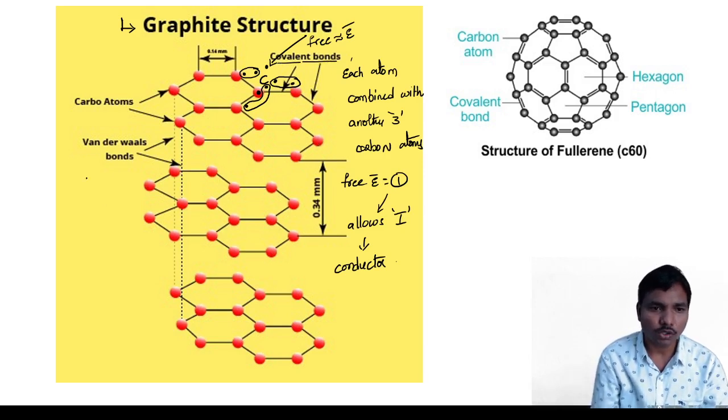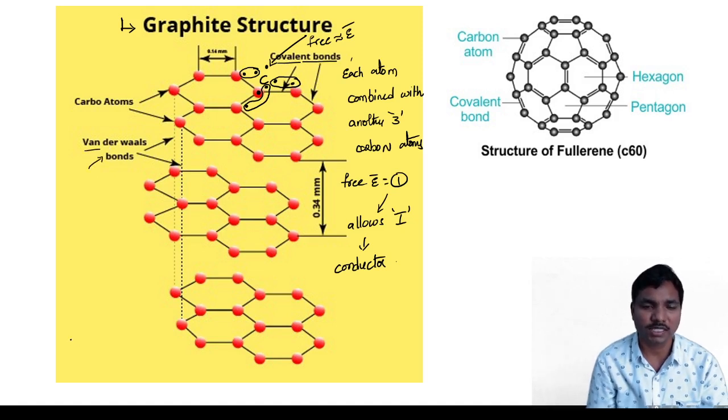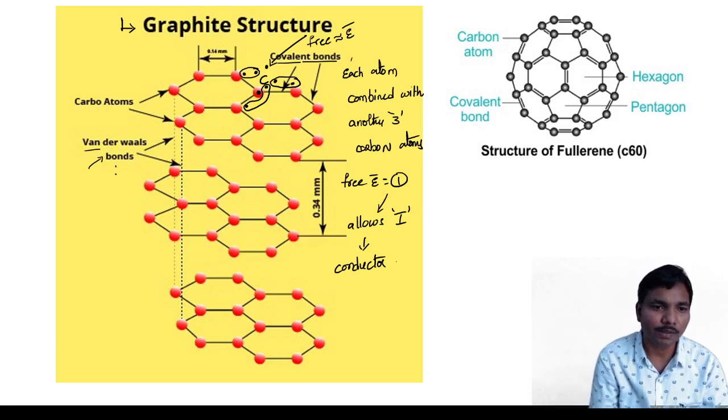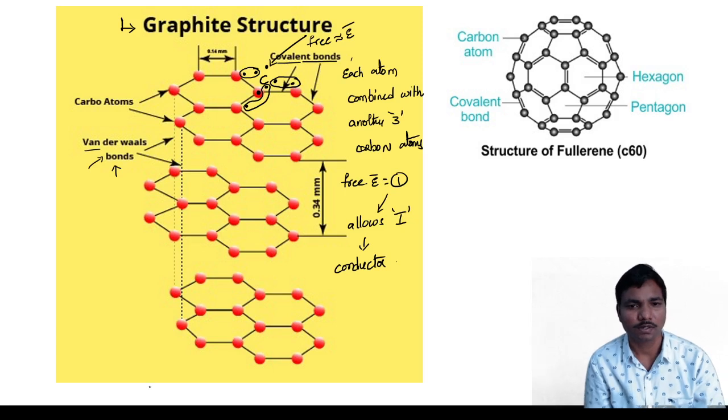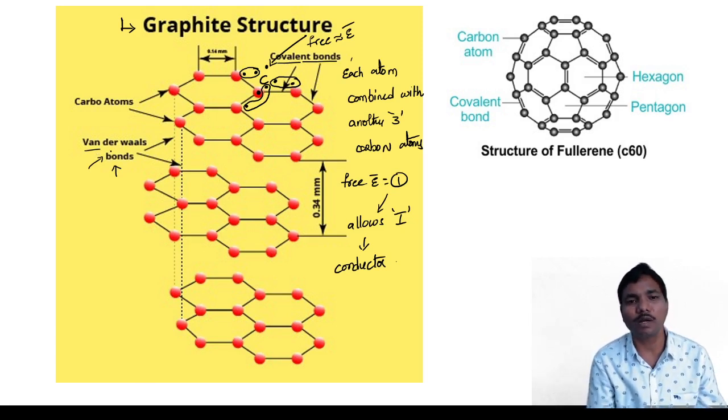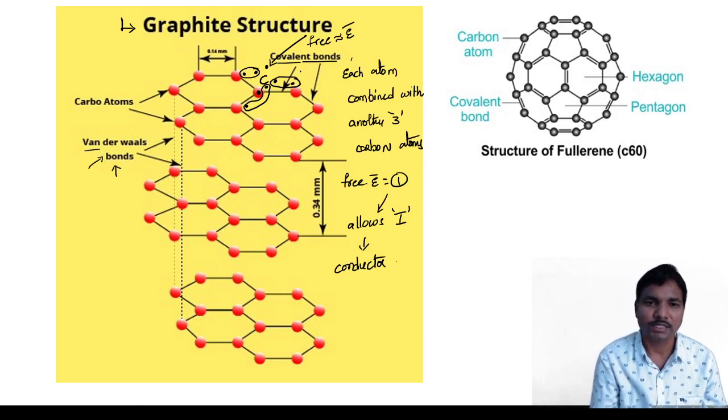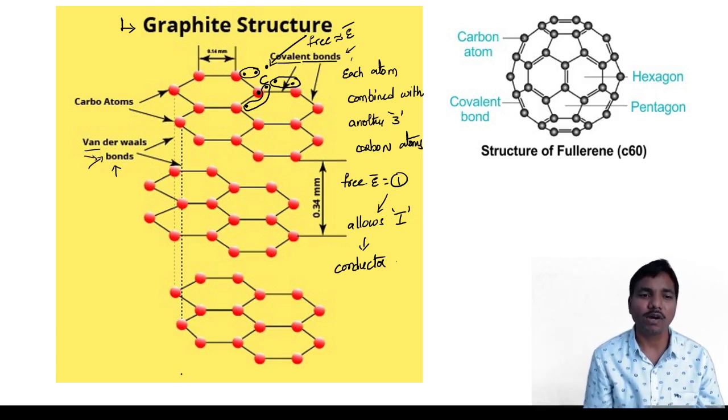Okay, and also here small electrical forces exist. Those bonds are nothing but van der Waals bonds. Okay, so we can break these van der Waals bonds. It is very difficult to break the carbon covalent bonds, but we can easily break the van der Waals bonds.